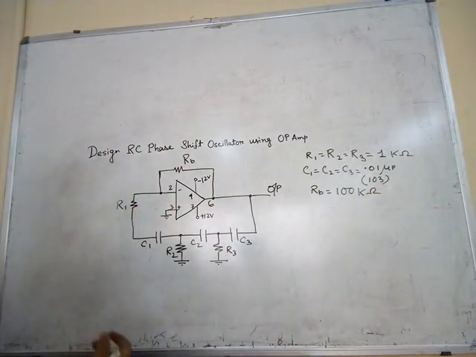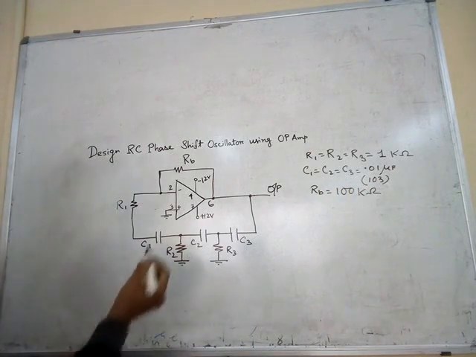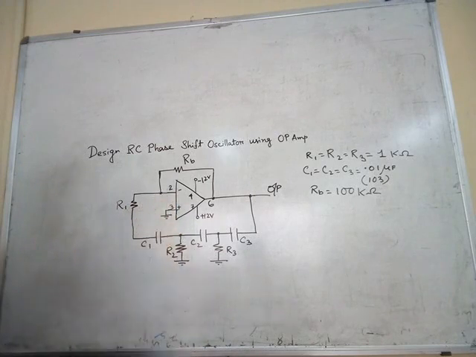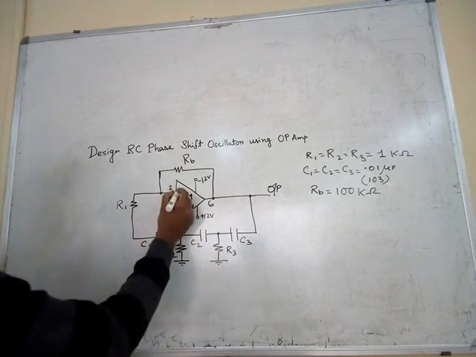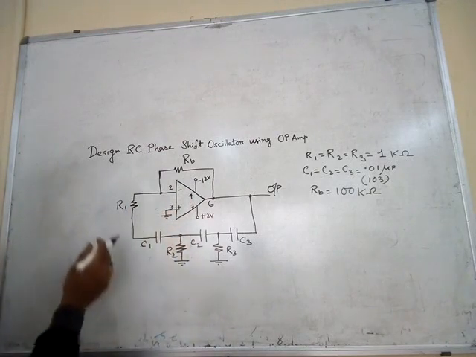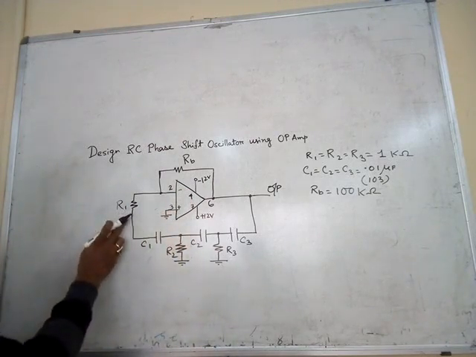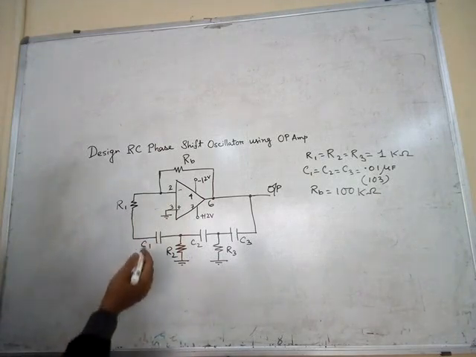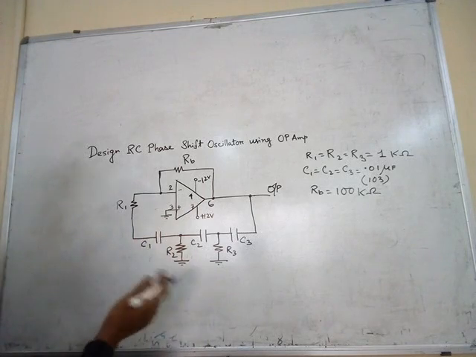So now I describe the circuit one by one. First, this R1 connects to pin number 2 of the opamp. Next, pin 3 will be grounded. The other end of R1 is connected to C1. As it is a non-polarized capacitor, you can connect any pin.